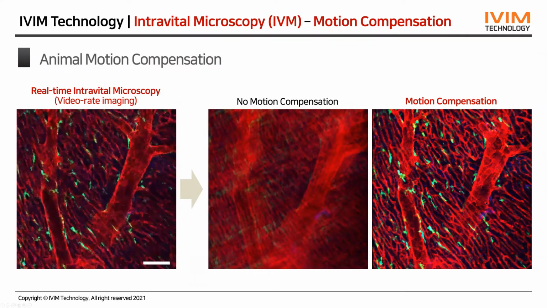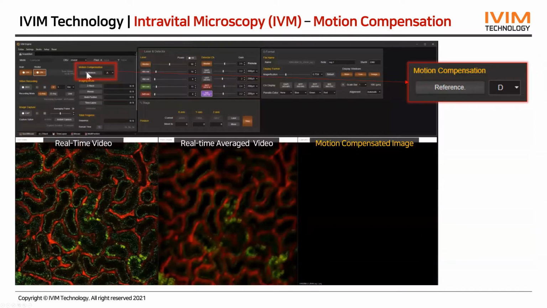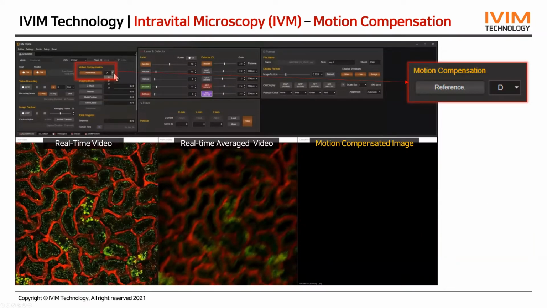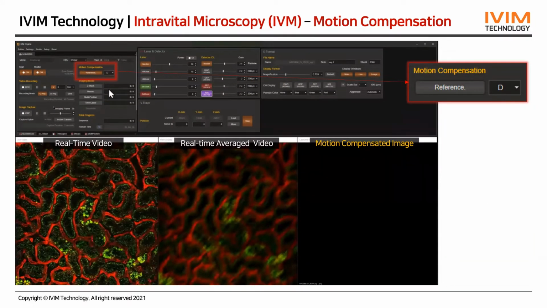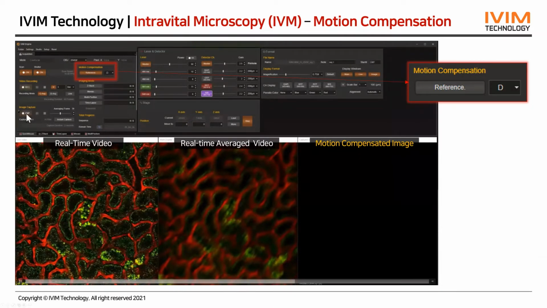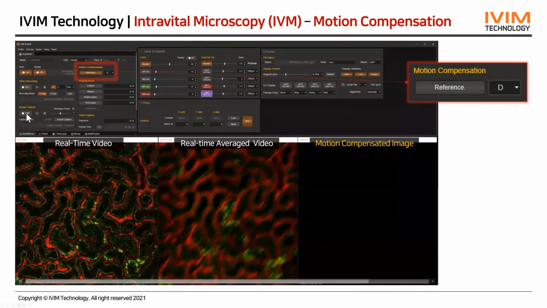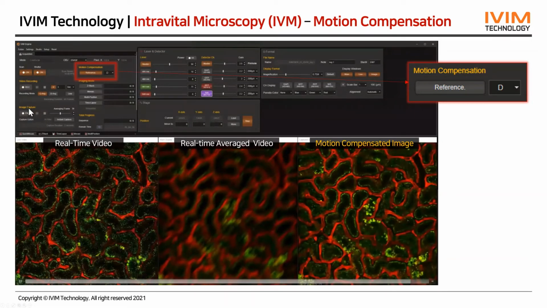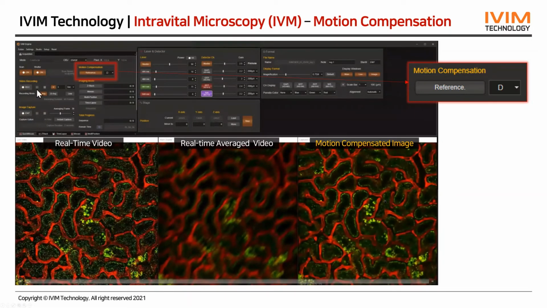This is the real capture of our software showing how it works. From this kind of movement, what you have to do is just activate the motion compensation functions and press the image capture. Then you can instantaneously get this motion compensated imaging from this real-time video.